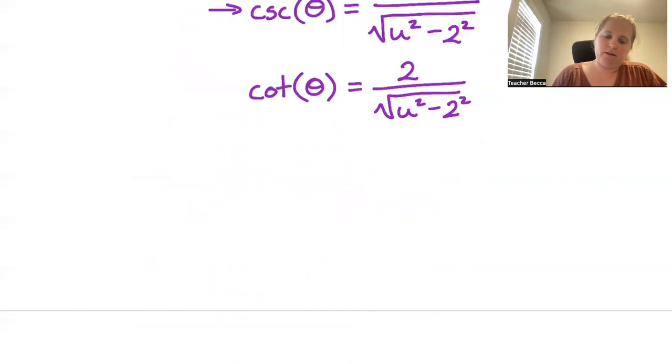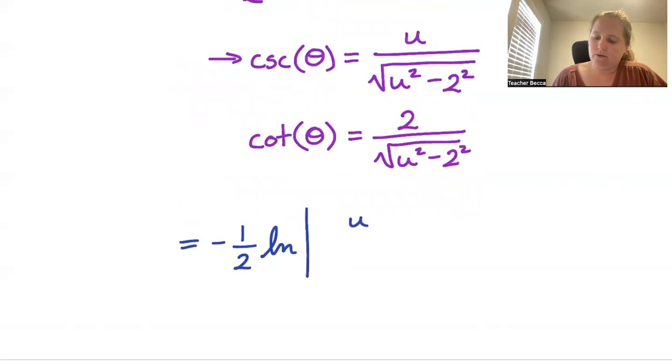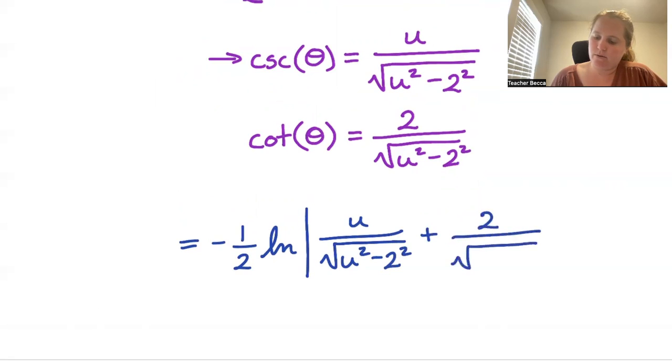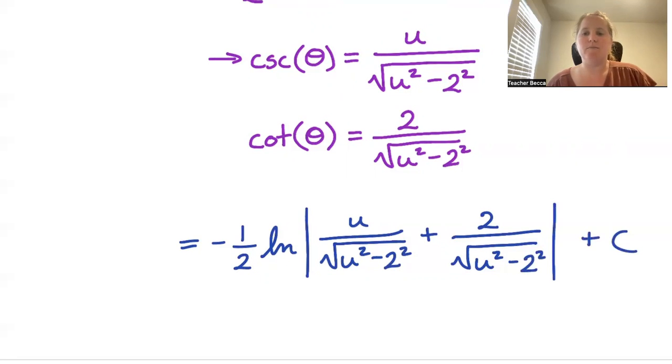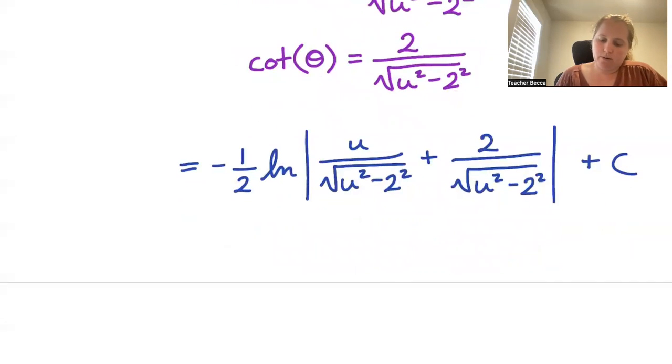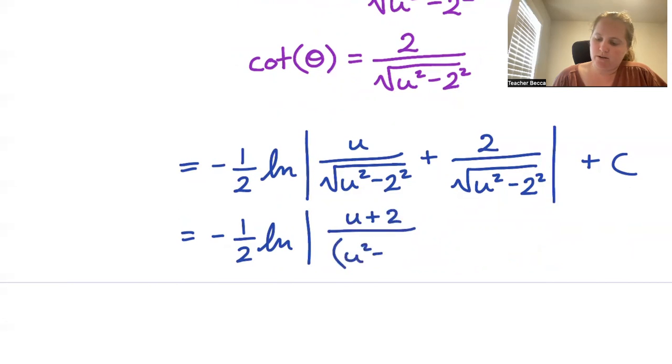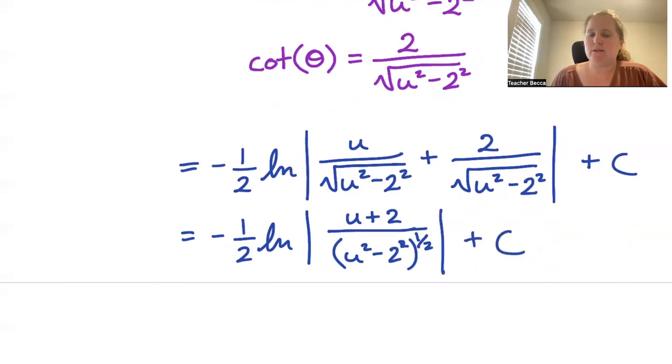So we are looking at negative 1/2 times the natural log of the absolute value of u over the square root of u squared minus 2 squared plus 2 over the square root of u squared minus 2 squared and absolute value, and then plus c. We can rewrite this as a negative 1/2 times the natural log of the absolute value of u plus 2 over u squared minus 2 squared raised to the 1/2 for our denominator, then plus c.